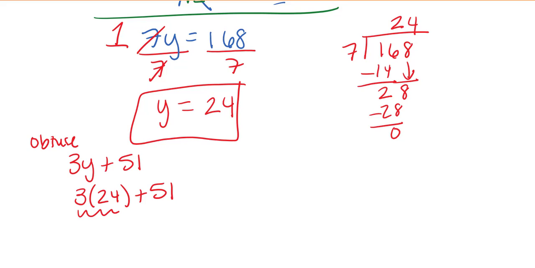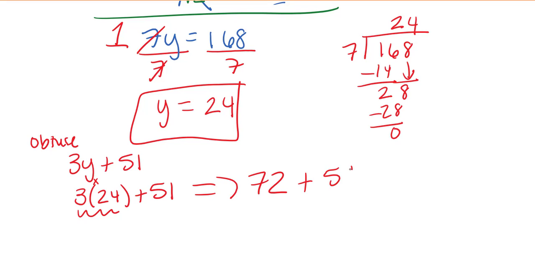Because if you had 3 quarters, that would equal 75 cents. So you have 75, but you need to go ahead and subtract 3 ones, or like 3, because you have 24, not 25. So 75 minus 3 is 72, right? So that would equal 72, because we multiplied this together.